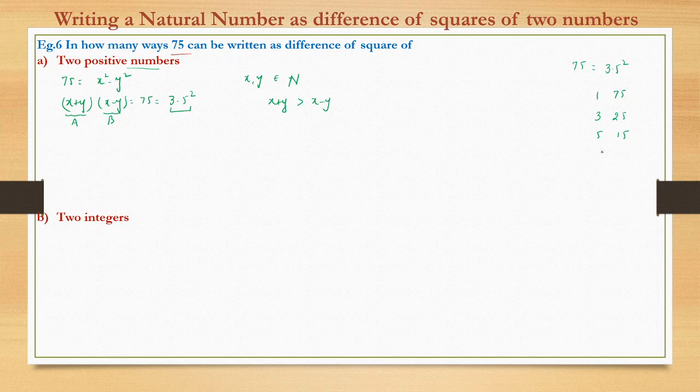The number of factors is 2 into 3, so the number of ways would be 3 only. We know x is greater than y, so out of these pairs, the larger value would go to x + y and the smaller value will go to x − y, right? And thereby we can find a solution. The number of solutions would be 3.